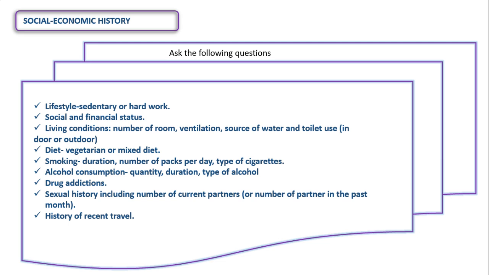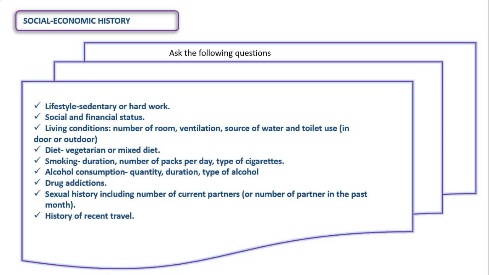Their financial status: the more money people have, certain problems for some reason don't follow them. Then living conditions, ventilation, the room. Respiratory infections, airborne infections are common in houses with maybe a few rooms and poor ventilation. For example, diet.